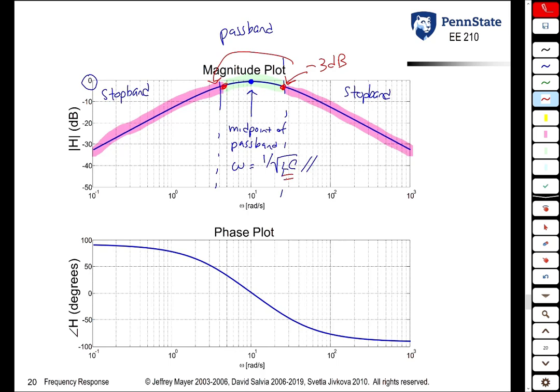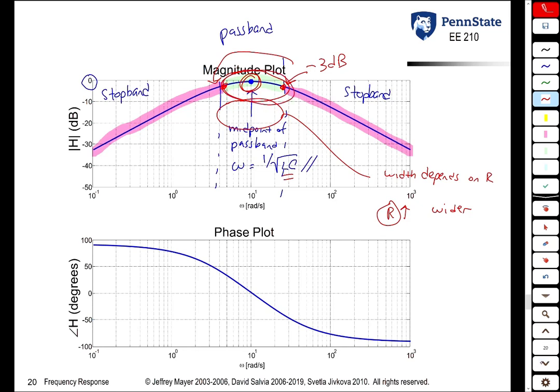The width of the passband depends upon R. Basically, as R goes up, the passband width becomes wider. And here we get our bandpass filter, where once again the value of the capacitor and the inductor dictate where it is centered, and the value of the resistor dictates how wide it's going to be.